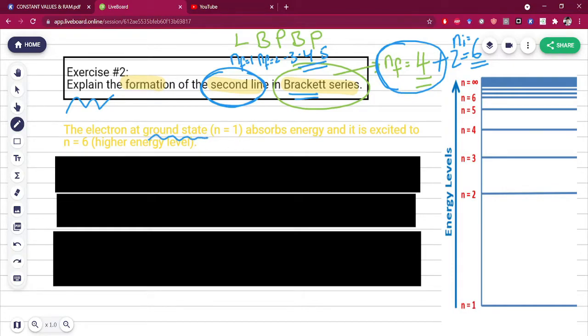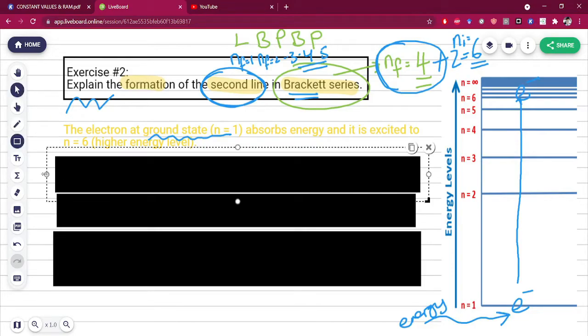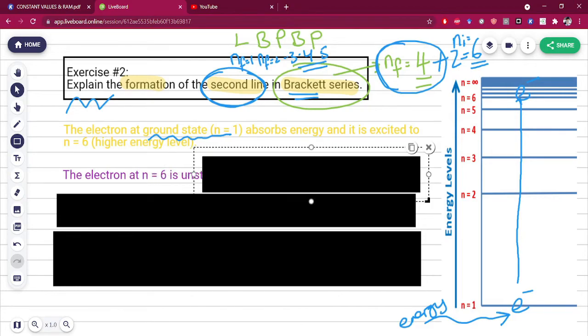Okay, from the ground state, right here, it will absorb energy and go up to n equals 6. And what happens after that? The electron at n equals 6 is unstable.